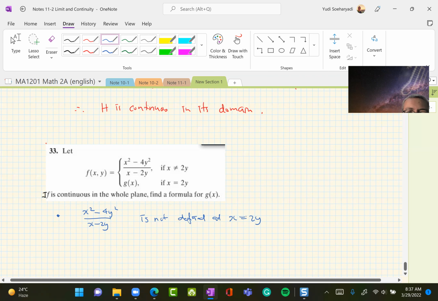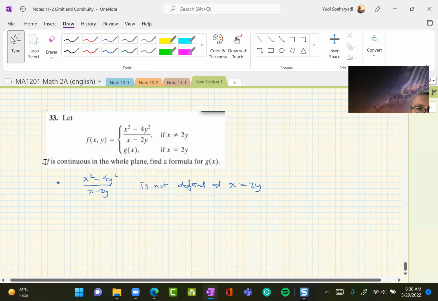Okay, but then it must be defined here. So the question is, what is g here? Since f is continuous, the limit is the value. So how to find g?